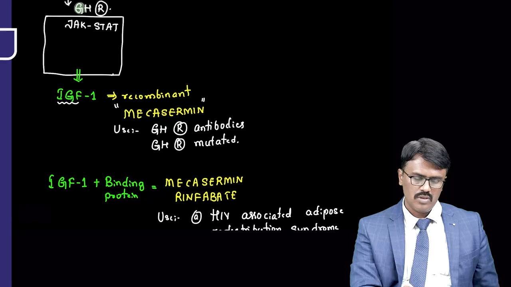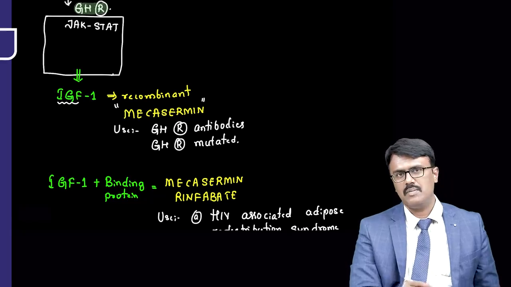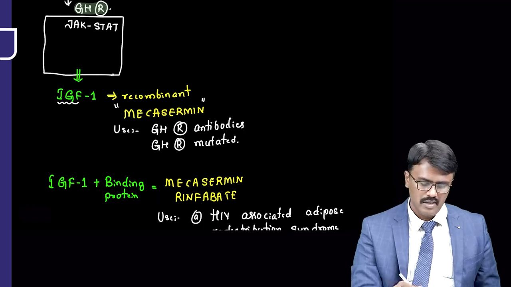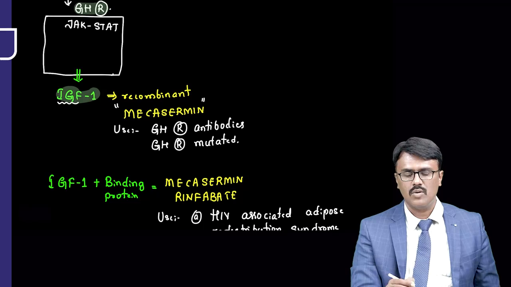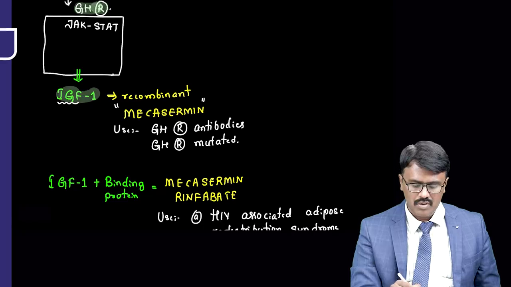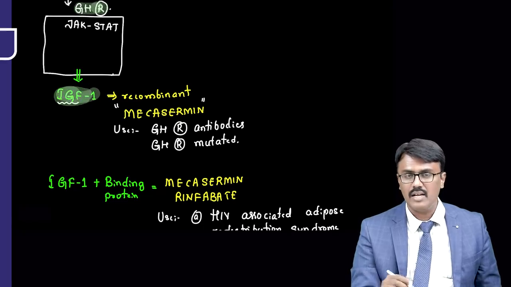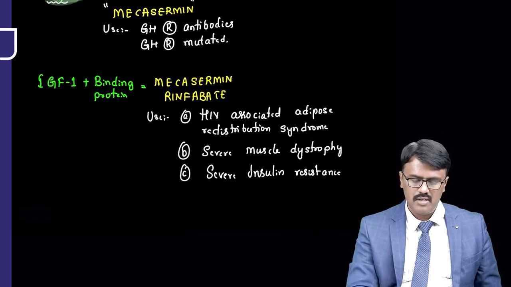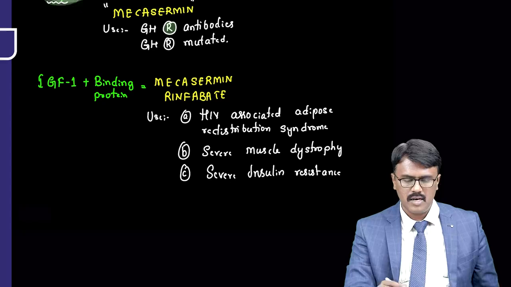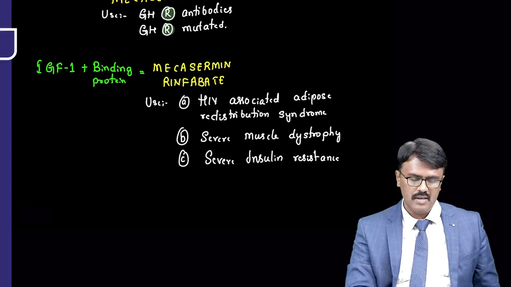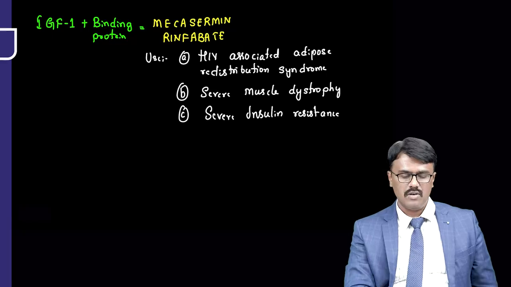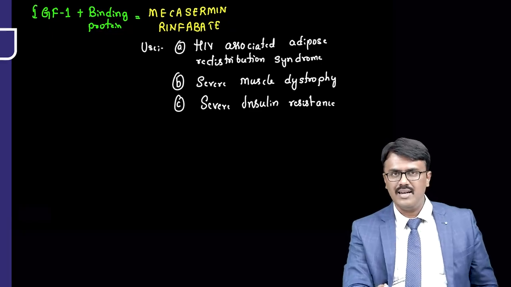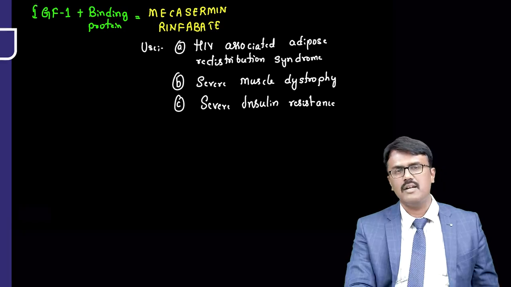Then many a times growth hormone receptors develop autoantibodies or they will have mutation. Then they release insulin growth factor 1. So what we do is, if there is antibody or mutation, we have to give insulin growth factor 1, and the recombinant form is called mecasermin. And we use it in a patient who has growth hormone receptor antibodies and mutations. Now we have one more preparation, which is a combination of binding protein and IGF-1, that is called mecasermin rinfabate.